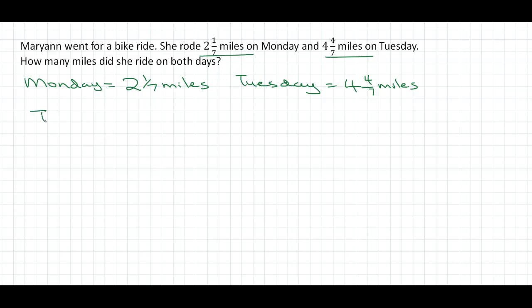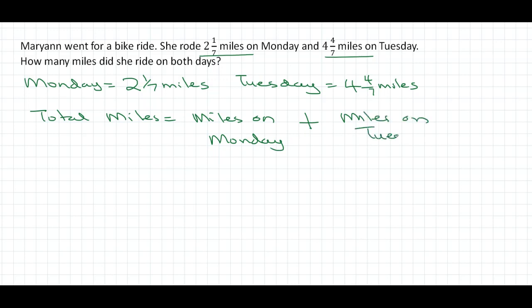Total miles is going to be miles on Monday plus the miles on Tuesday. Now that we've done this, we're going to replace these words with actual numbers. So the miles on Monday is 2 1/7 plus the miles on Tuesday is 4 4/7.